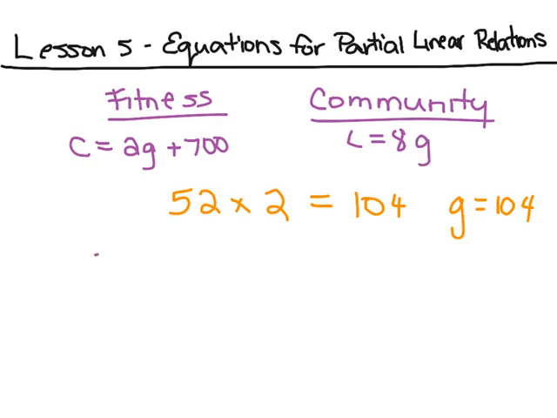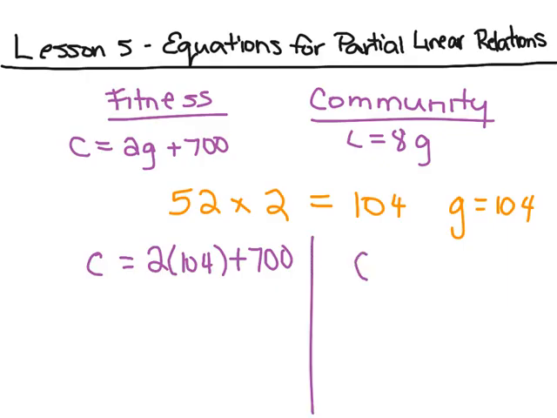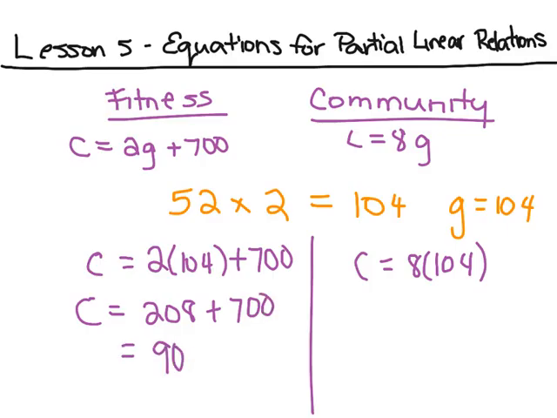So we have c is equal to 2 times 104 plus 700, and c is equal to 8 times 104. So 2 times 104 is 208, plus 700 is $908. And for this we have 832. So it's cheaper to go to the community center.